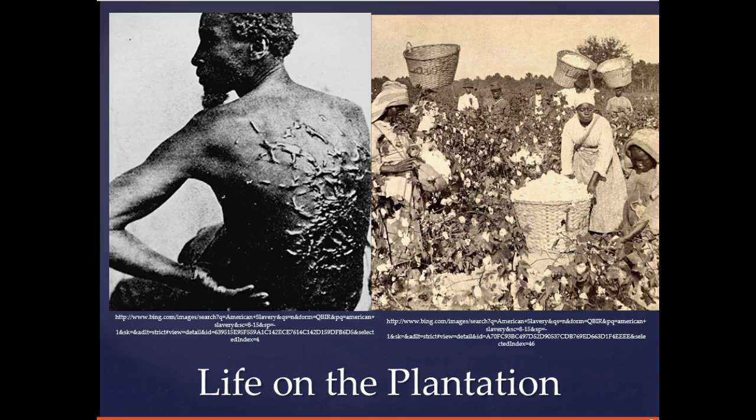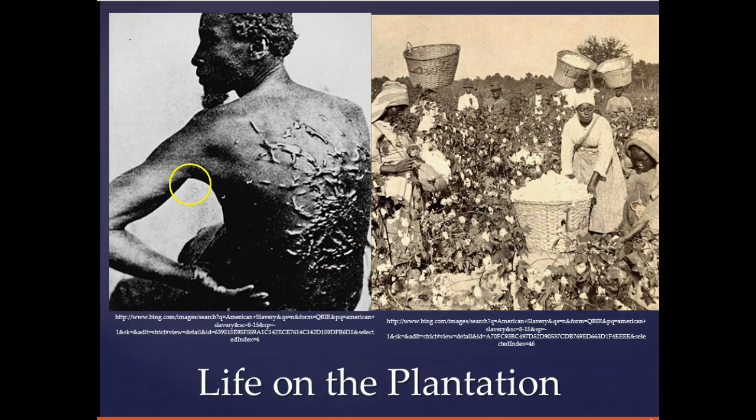Once the slaves were sold, they oftentimes would go to the plantation, and that's where they would work for the rest of their lives. On the left-hand side, you can see a picture of a man. Those aren't things growing on his back. Those are the marks and the scars from him having been whipped over and over again, to the point where his back just created these growths to protect against the whip that continually hit him.